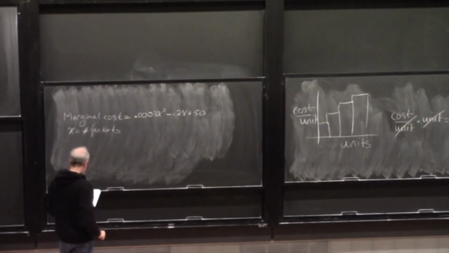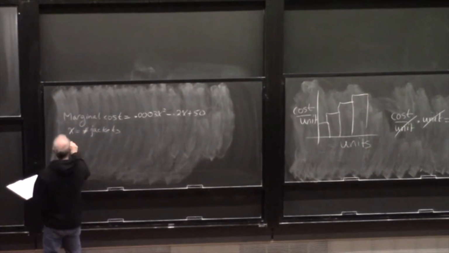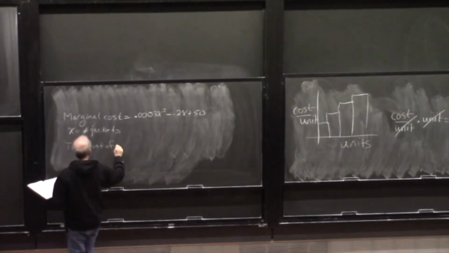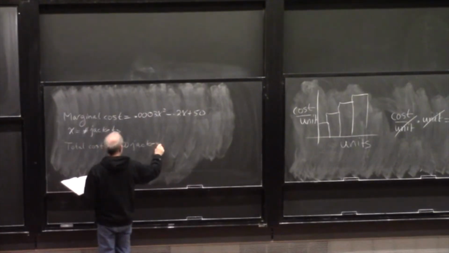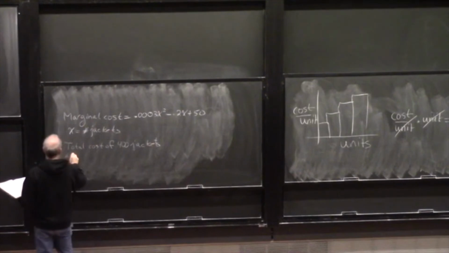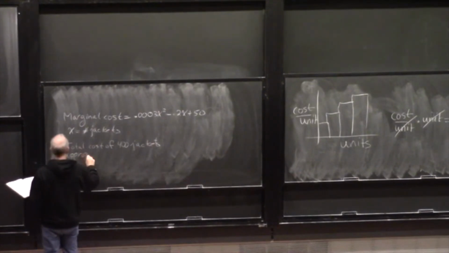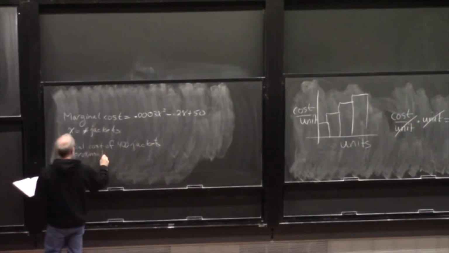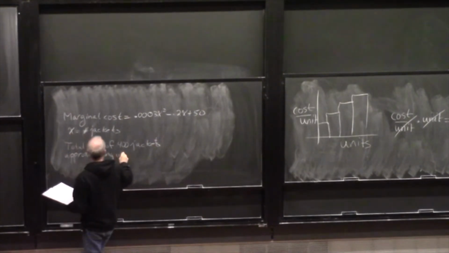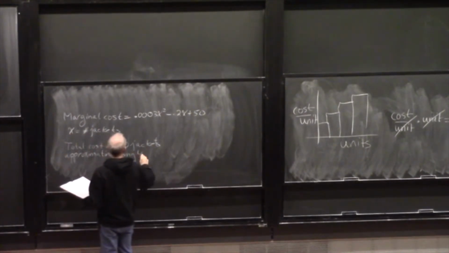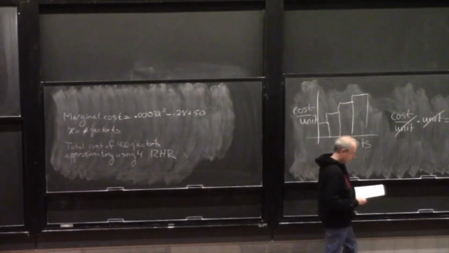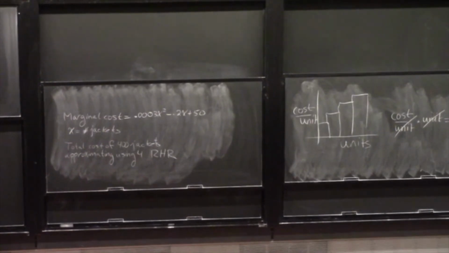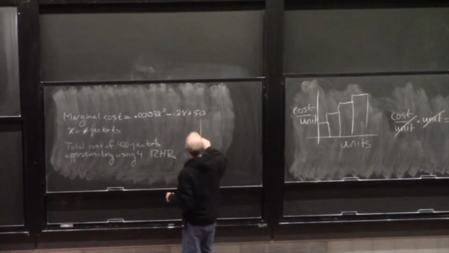And I want to find the total cost of making 400 jackets, approximating using 4 right-hand rectangles. So to turn that into a little bit of English, to make sure you can do it, this is your cost equation.